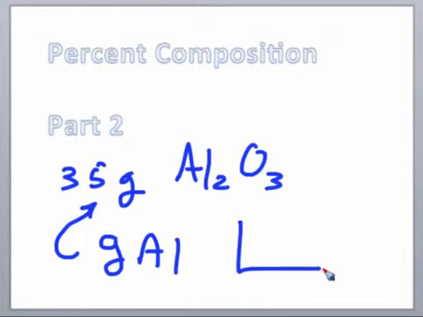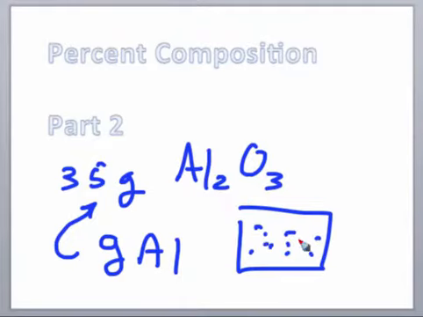So you've got a chunk of aluminum oxide. As you know, a certain percentage of this chunk is aluminum, and if we wanted to extract the aluminum from that sample, how many grams of just aluminum could we get from that 35 gram sample? So that's what we're going to do here. We'll take a look at two problems and work our way through each of them.